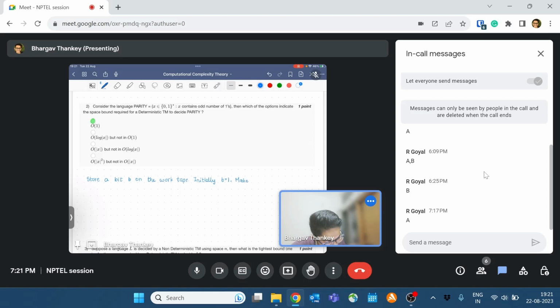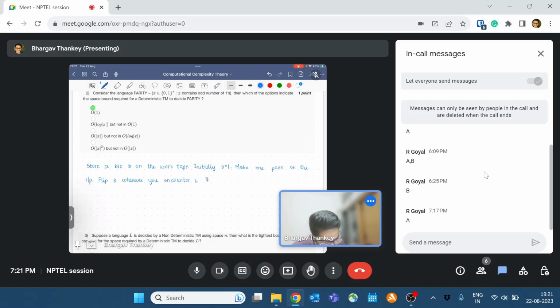Make one pass on the input, and flip P whenever you encounter a one. Then the number of ones is odd or even depending on P. So is this fine?